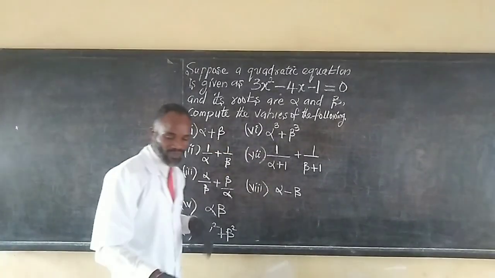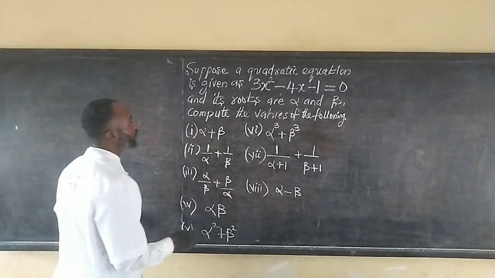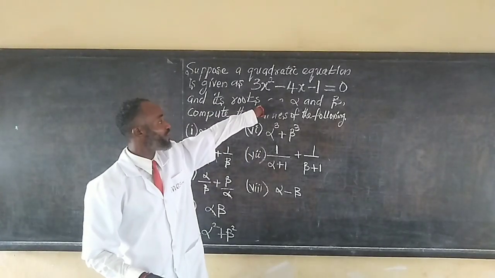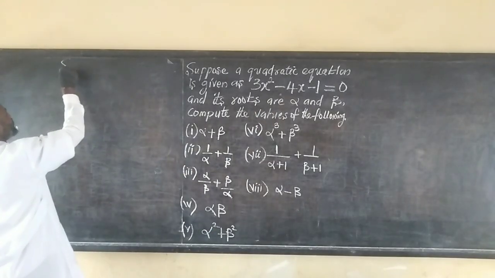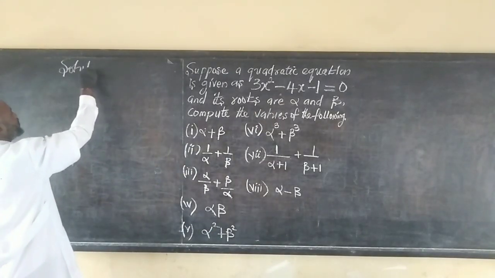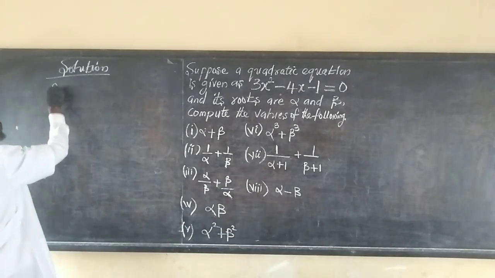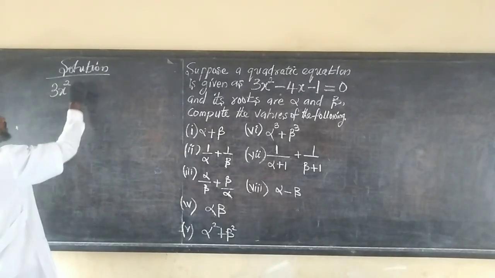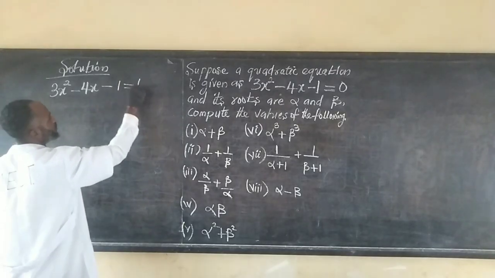That is it. Okay, we are going to begin right away by, first of all, writing out this quadratic equation. That's the first thing. We write out the quadratic equation as given. And that is 3x squared minus 4x minus 1 all equal to 0.